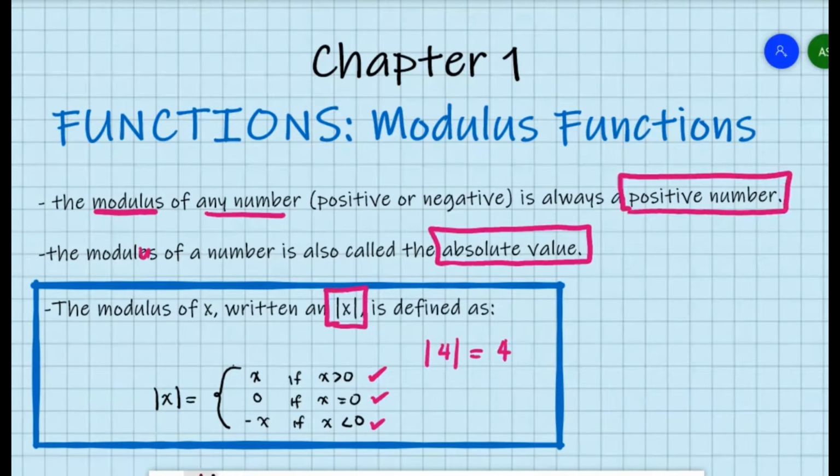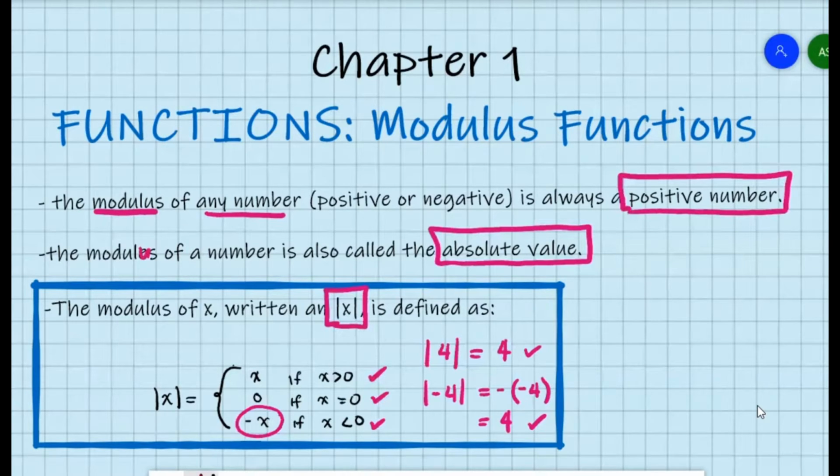And if you take the modulus of negative 4, then according to the definition, it's the negative of x, so negative of negative 4. So the result is always a positive number. When you're dealing with modulus, your answer will always be a positive number.